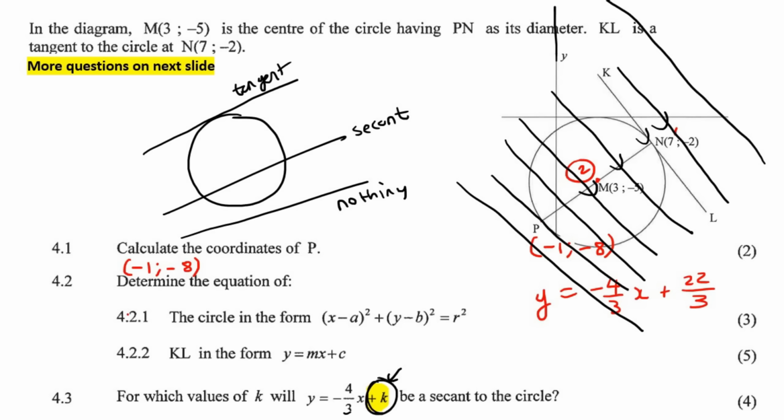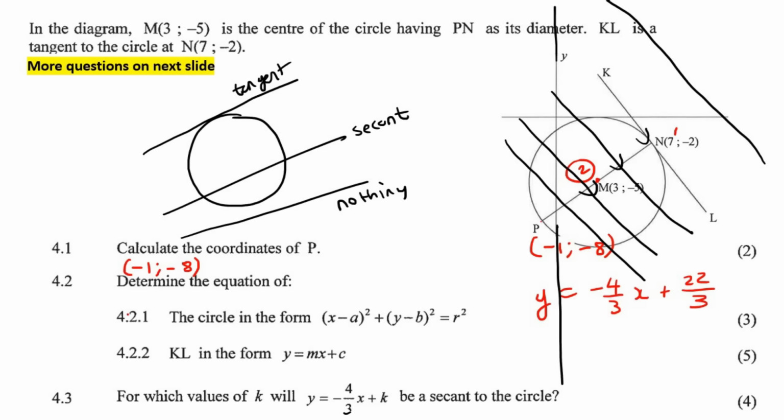If you make this very negative, then you're going to get lines going all the way down here where they have a very negative y-intercept. Okay? So they want to know, what must the k value be so that the lines will be secants? So the secants are going to be all of those ones. It's the ones that actually cut the circle.